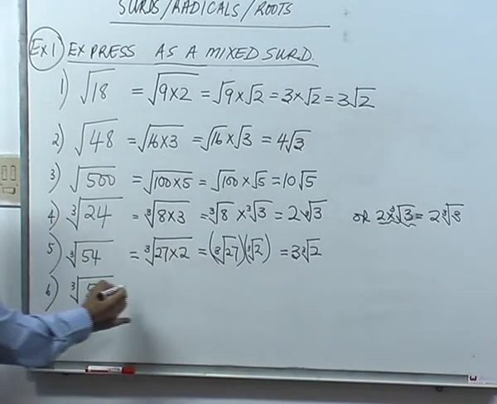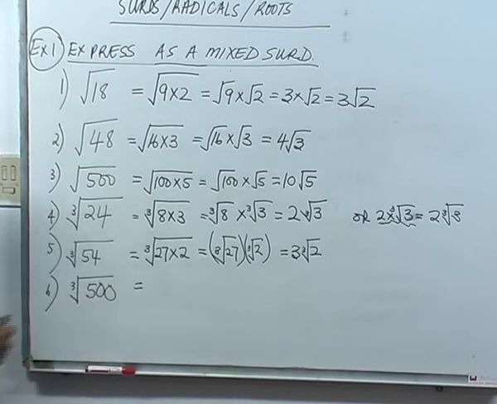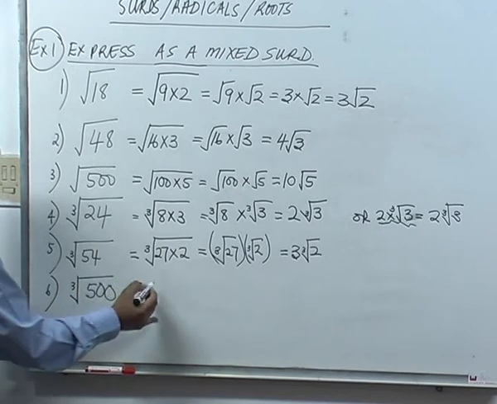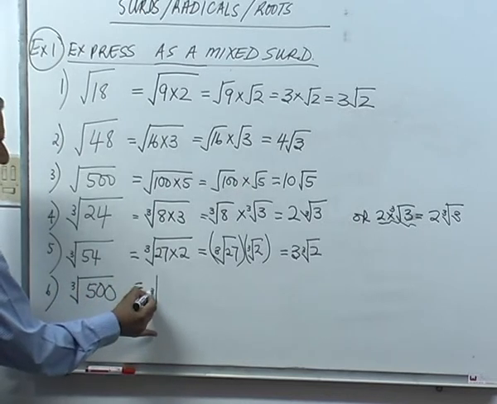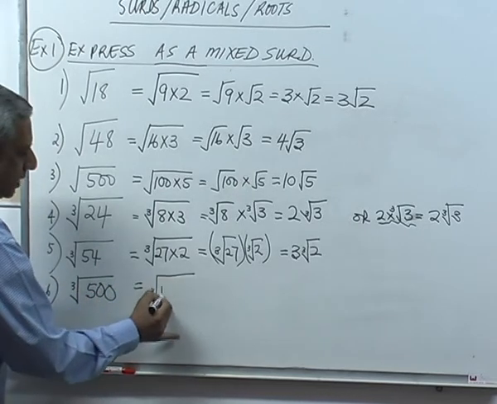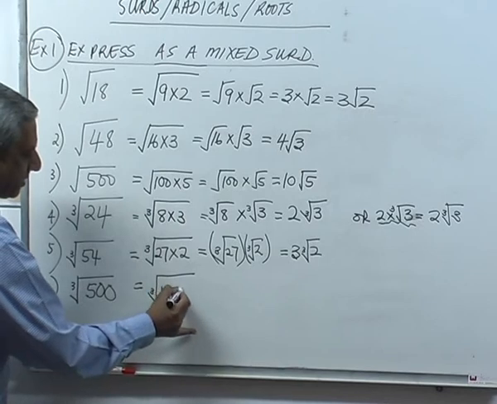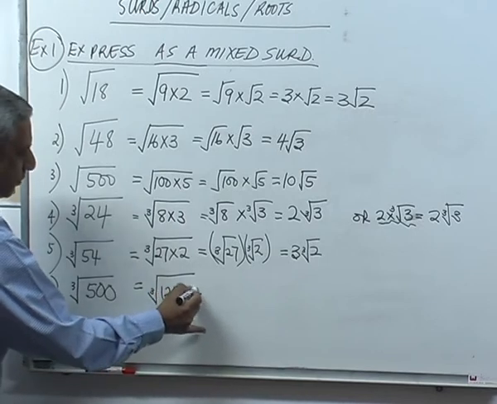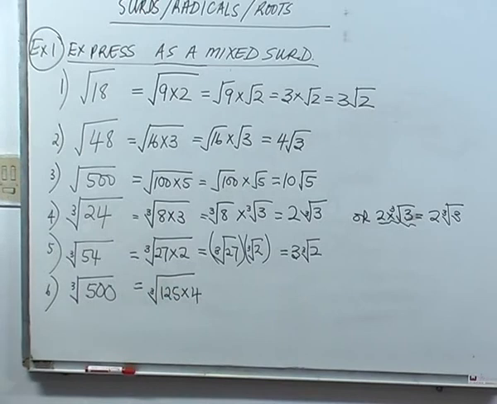And finally, we have cube root of 500. So if you study 500 carefully, you'll find that the biggest cube inside 500 is 125 times 4. You see, 125 times 4 gives you 500.